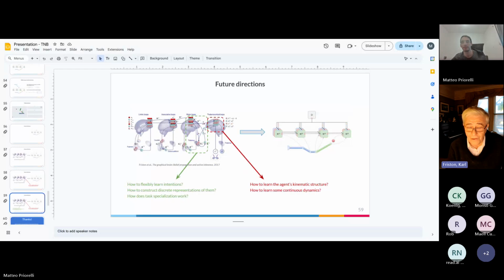How to learn the agent's kinematic structure and implicitly the continuous dynamics? Well, I'm sure you know as well as I do. If you parameterize all the kinetics and the requisite dynamics in a continuous way, in a way that relaxes any brittle nonlinearities, then you should have no problems learning the parameters.